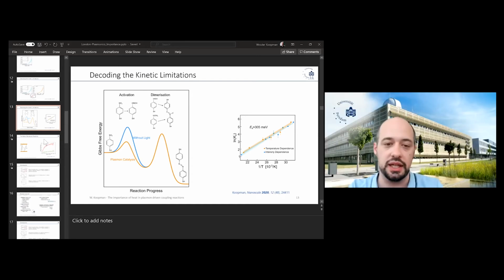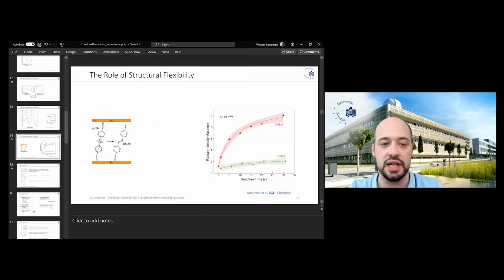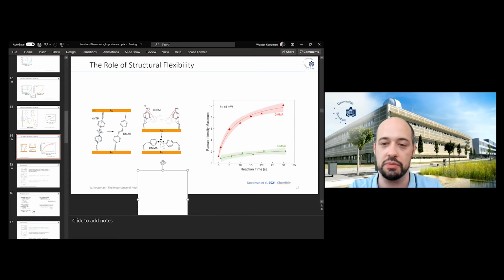The second thing is this type of experiment where we built a setup with molecules where the only difference is the flexibility. Actually, it's more difficult to inject electrons into this 4-NBM molecule than into this 4-NTP molecule.